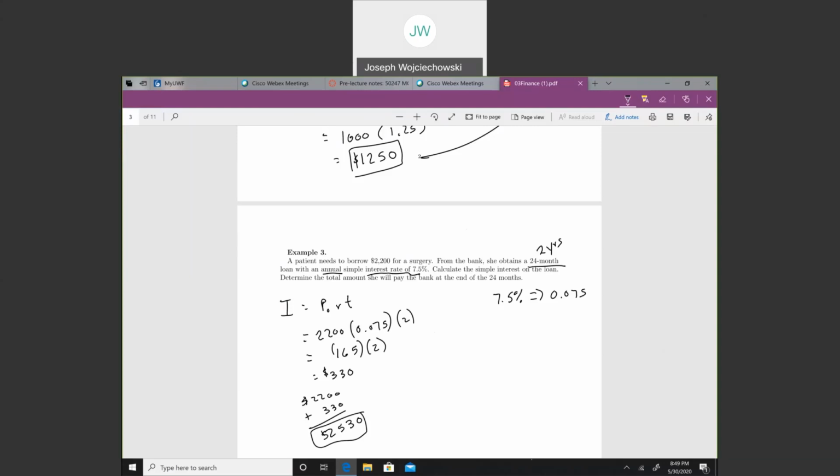Or, again, we can go back to that formula. The amount equals the principal times 1 plus the rate times the time. So this is 2,200 times 1 plus 0.075 times 2.